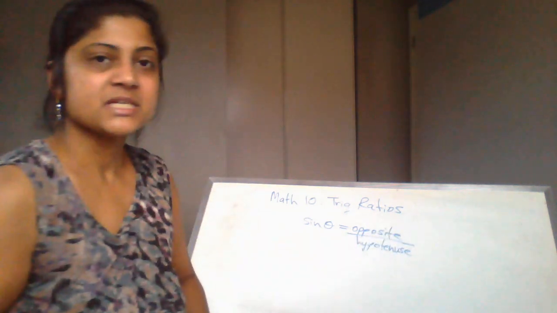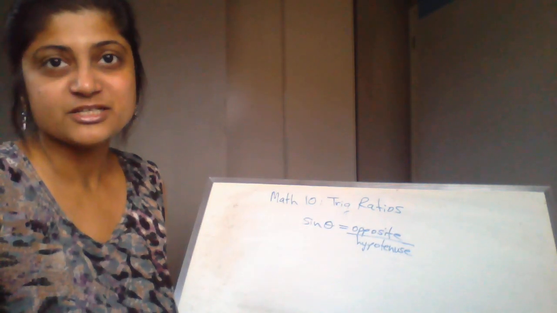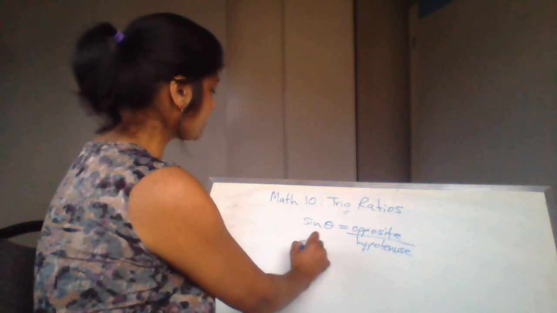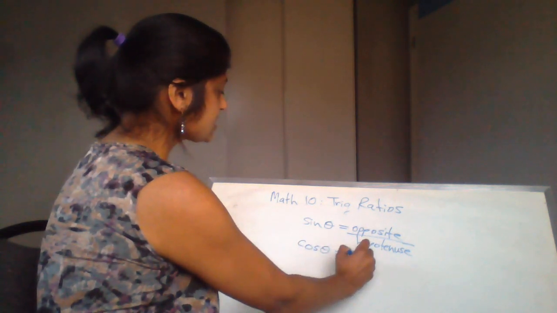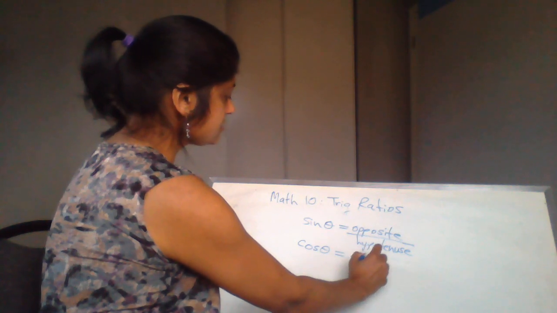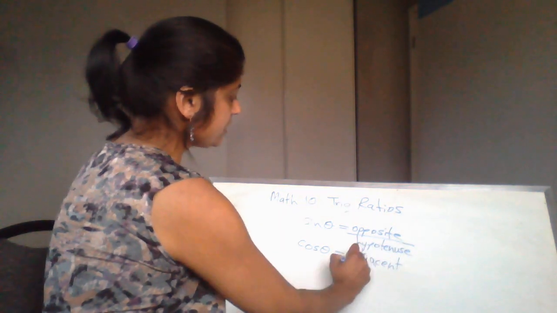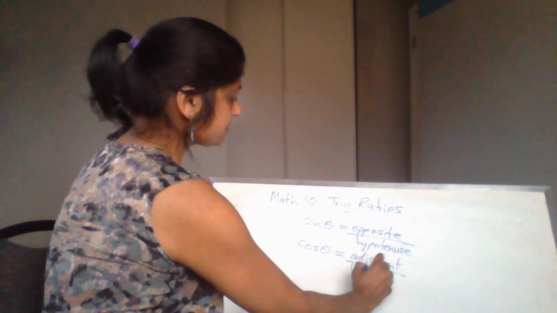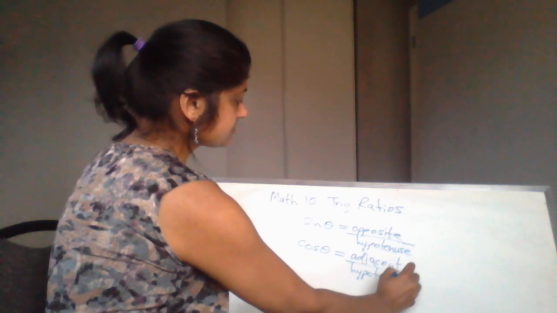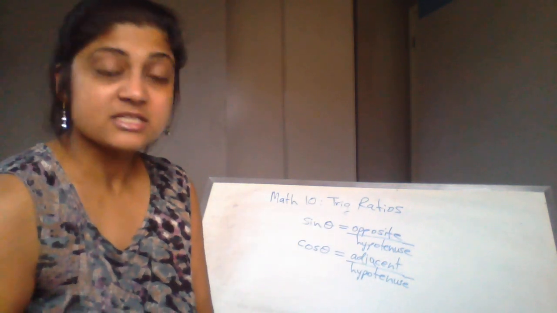You can see the ratios are slightly different here. If I'm looking for the cos ratio, so cos theta is equal to the adjacent over the hypotenuse. Does everyone see that? So these are the ratios.